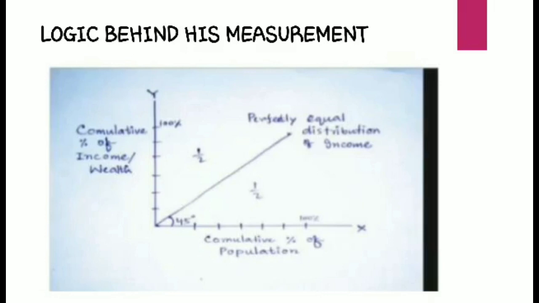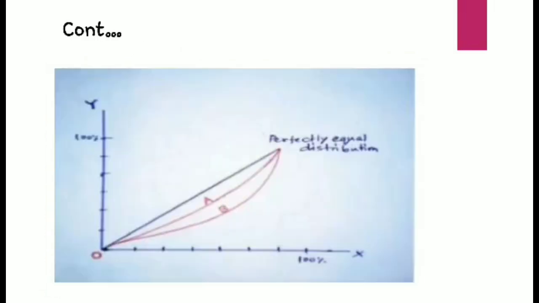At the center there is the equal distribution of income. As I said earlier, you can see in the center the A and B. So it is perfectly equal distribution.